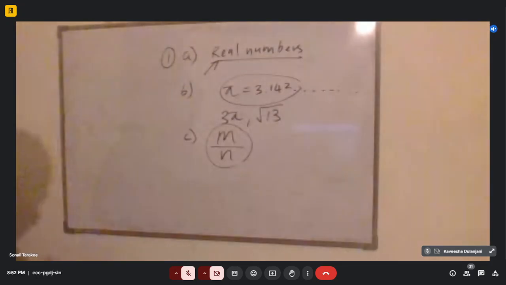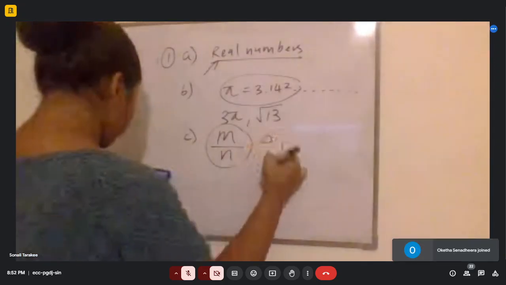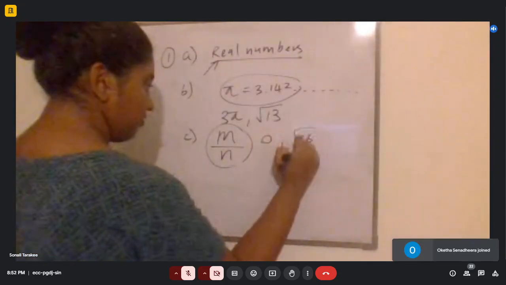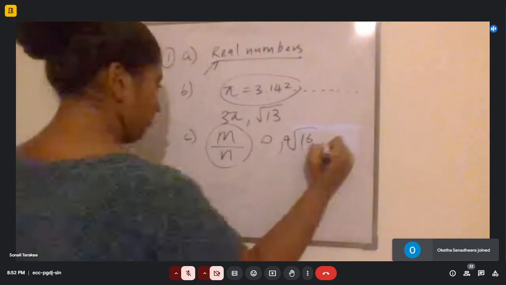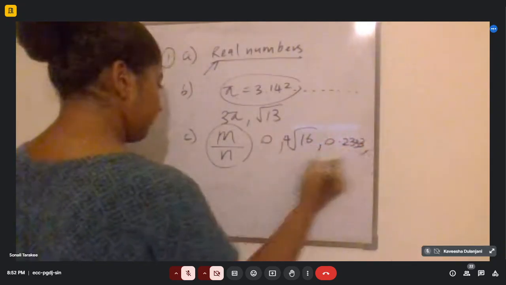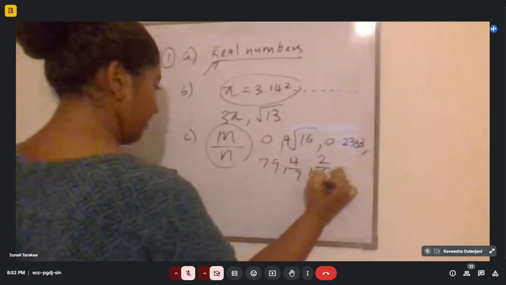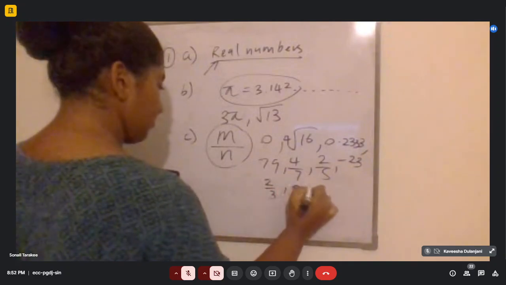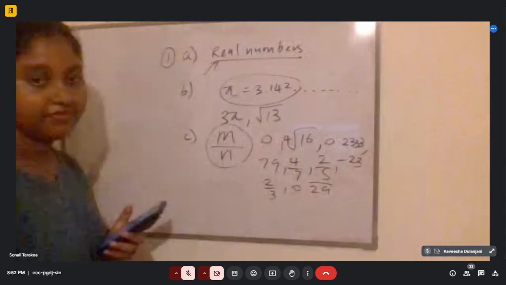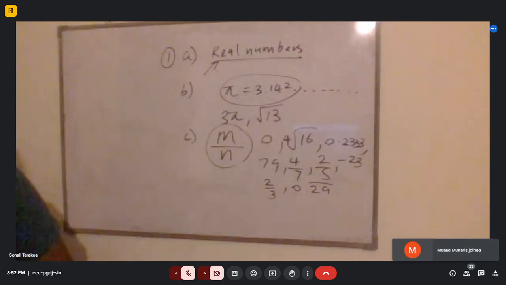So the numbers which are rational are 0, root 16 to the power 104, 0.2333, 79, 4 over 7, 2 over 5, minus 23, 2 over 3, 0.29 bar. So these are the numbers which are rational.